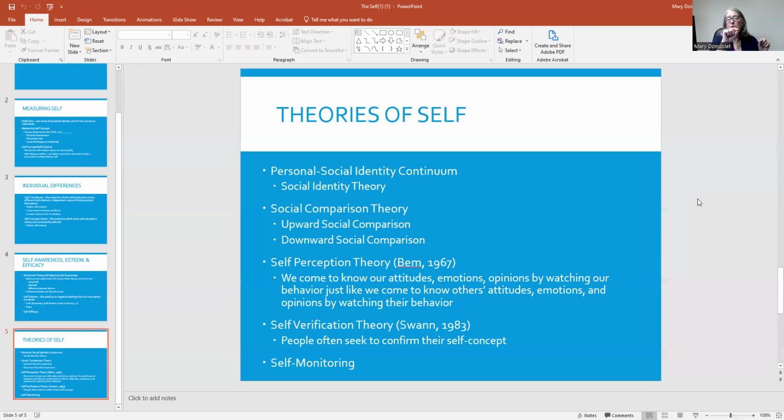And then oftentimes when your head hits the pillow at night, you're back to "I'm a unique individual, different from anyone who's ever lived. I am Mary." I'm on the personal side of the social identity continuum rather than on any of the other continuums. Now, maybe you go to bed at night and your comforter is, I want to say, Dallas Cowboys, so maybe you live in Dallas, I don't know.